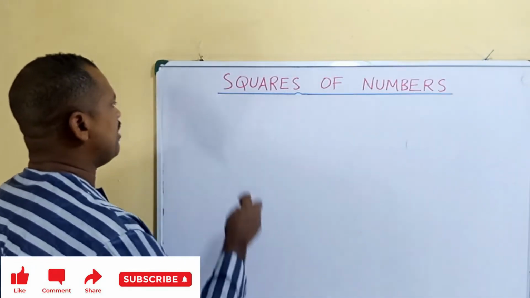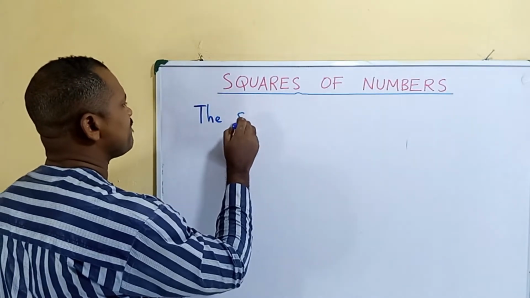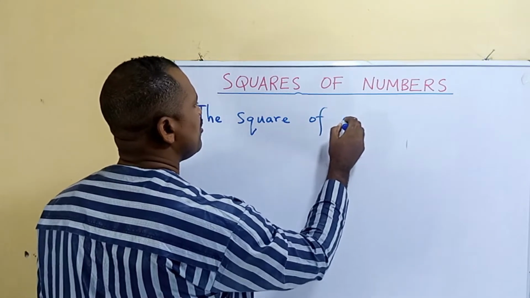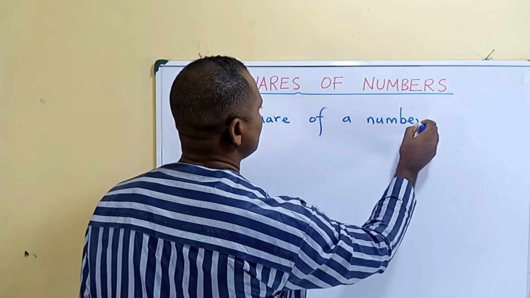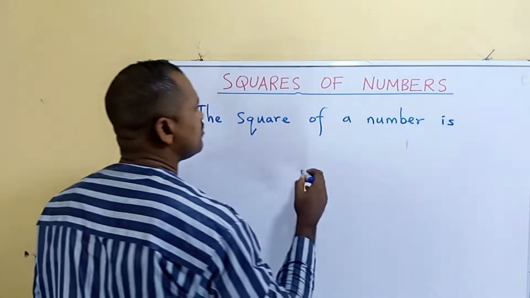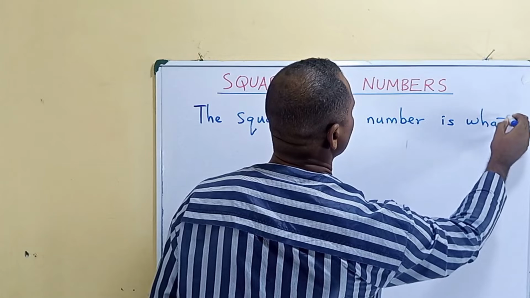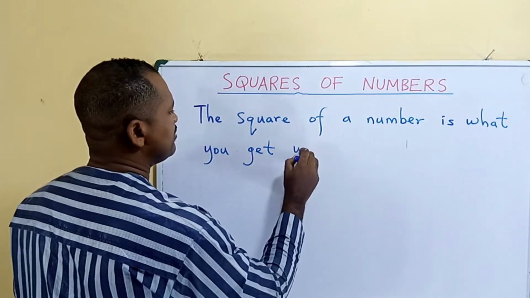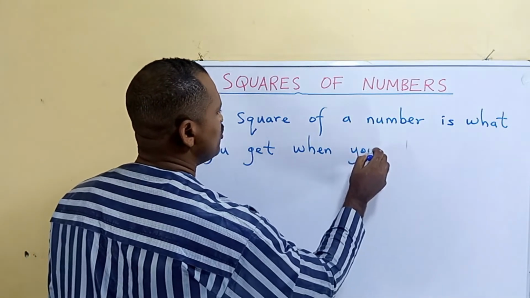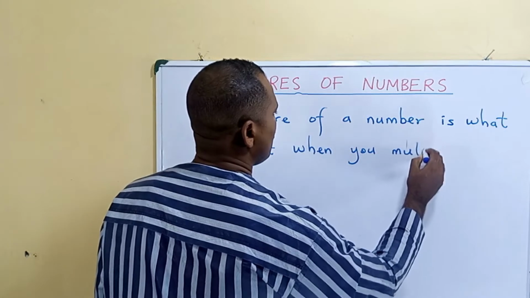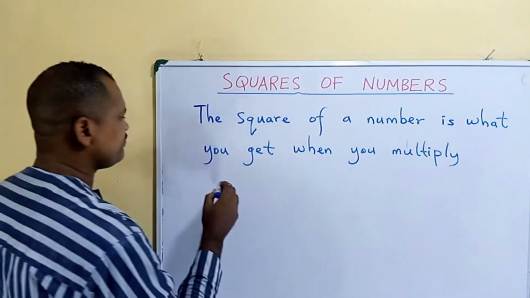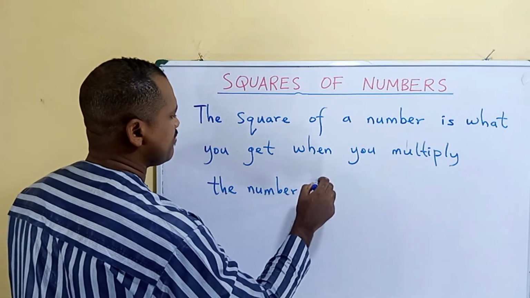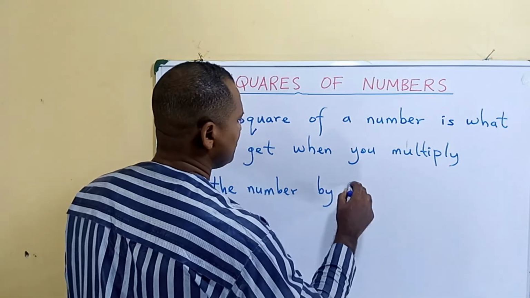The square of a number is what you get when you multiply the number by itself.